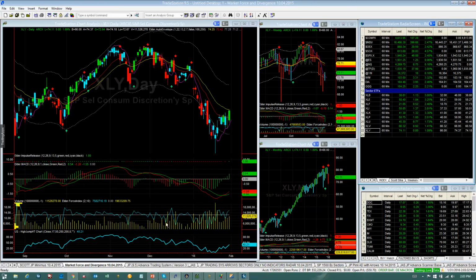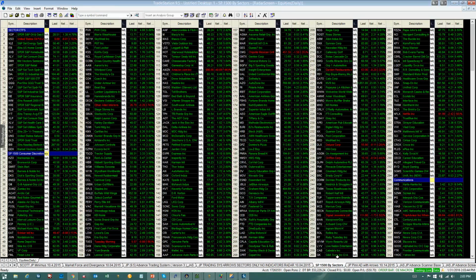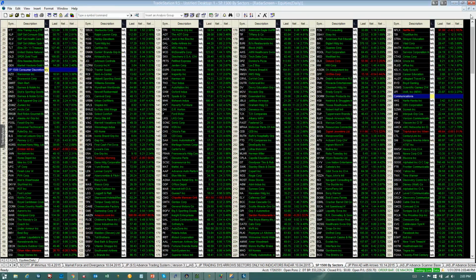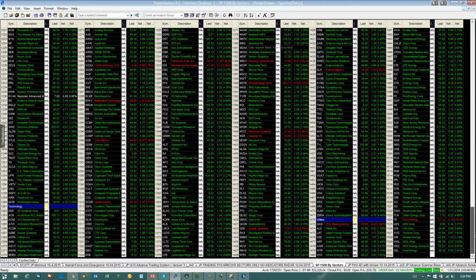All right, with that note, I usually jump back into the market. Now, it said staples was strong, so I actually have a workspace where I looked at all the stocks by sector. So let's look for staples.